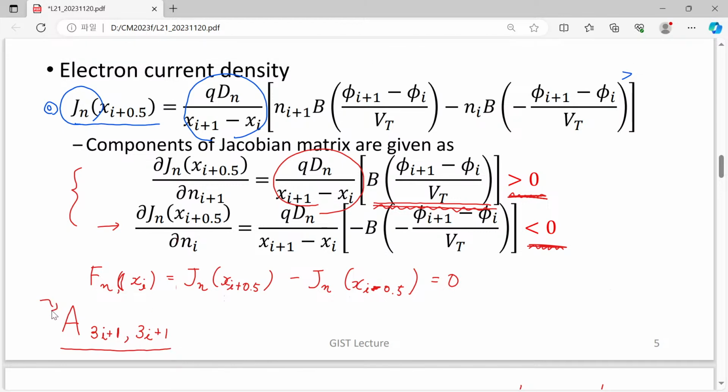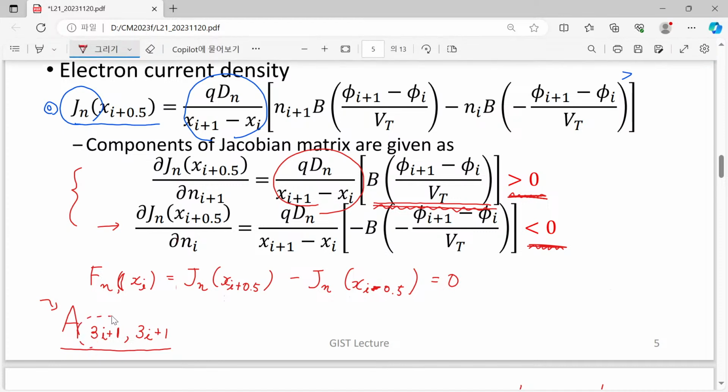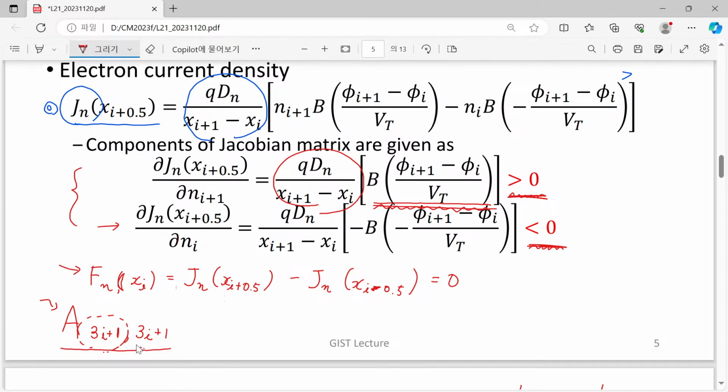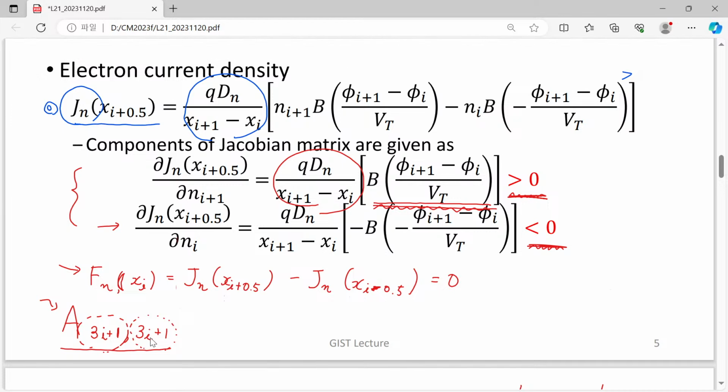This is your Jacobian matrix, and what is this? This is corresponding to the row index, and position is x sub I, and this is corresponding to your electron continuity. And this 3i plus 1 is corresponding to, once again, your x sub i's position and electron density. If we take this kind of arrangement, then we will have this one.